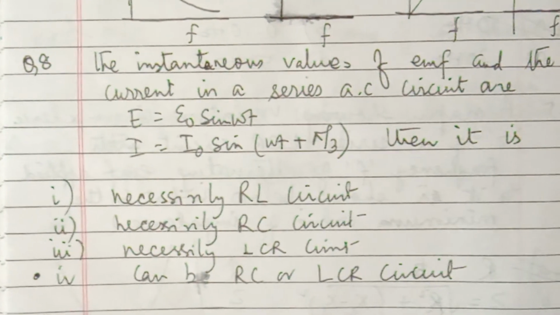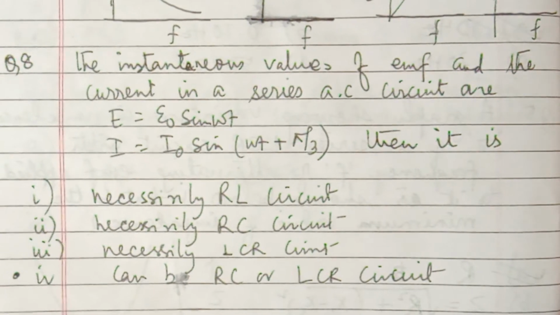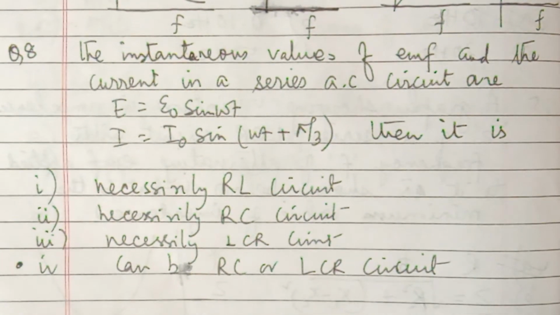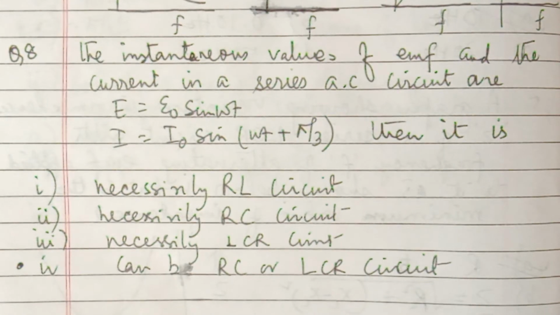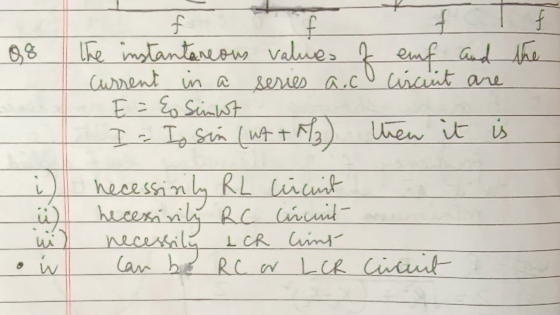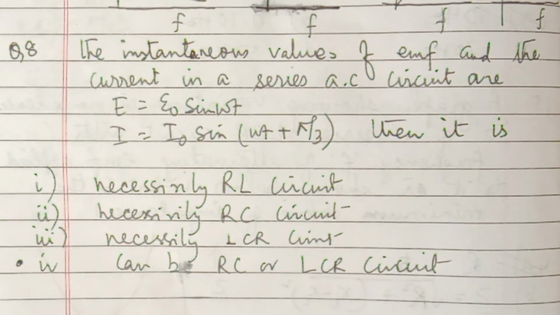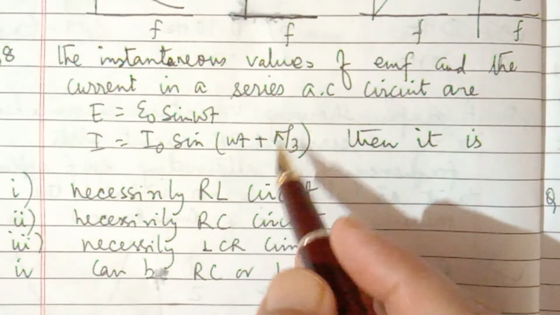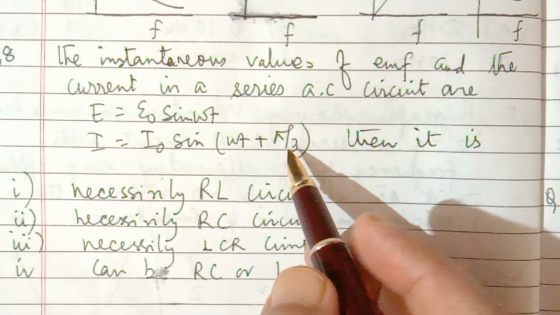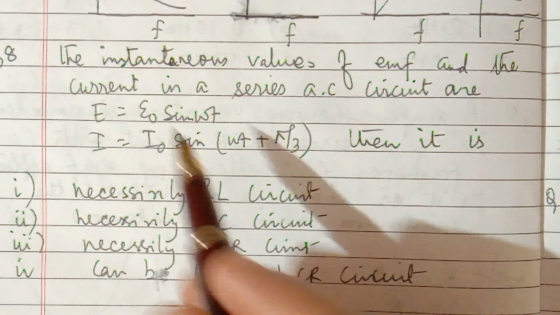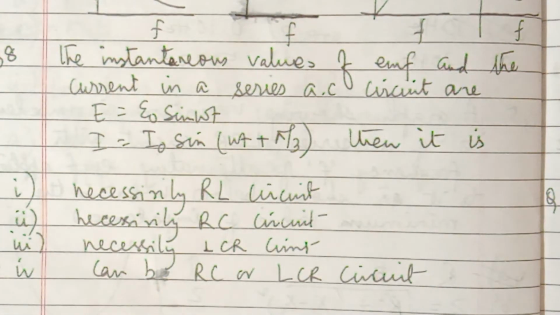The instantaneous values of EMF and the current in a series AC circuit are given. Then it is necessarily RL circuit, RC circuit, LCR circuit, or can be RC or LCR circuit. So here you can see that current is leading. So current is leading the voltage by pi by 3.